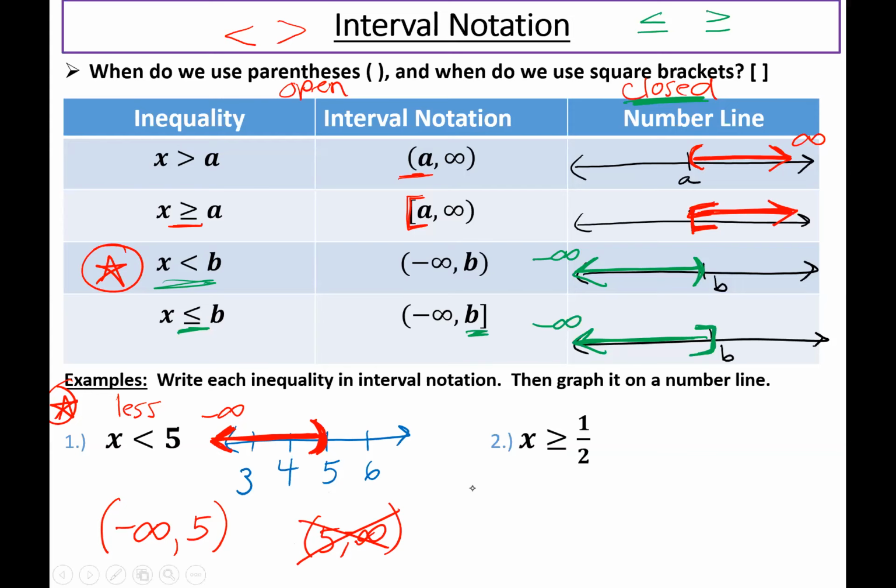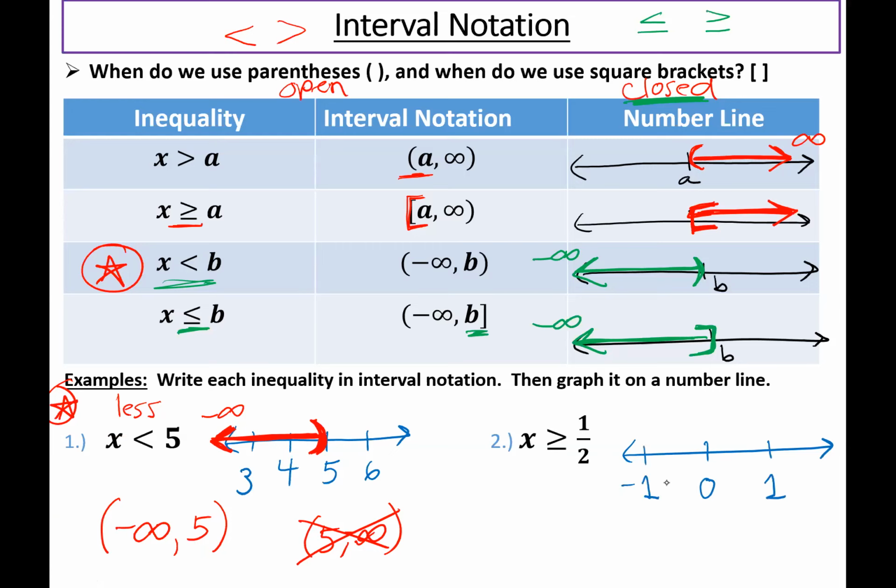All right, let's look at number 2. X is greater than or equal to 1/2. All right. So let's sketch this on a number line. Now 1/2, where is that going to be? Well, it's positive and it's less than 1, so it's literally halfway between 0 and 1. So I can set up a number line.